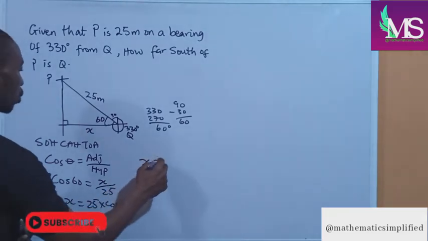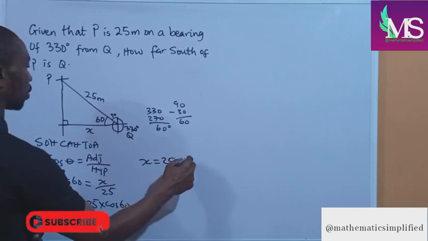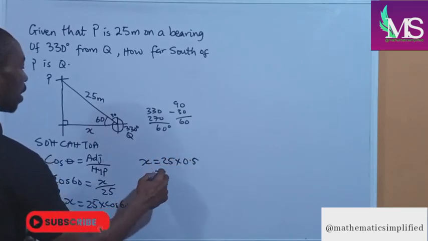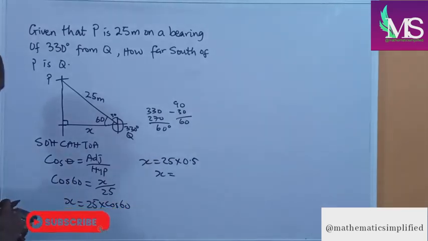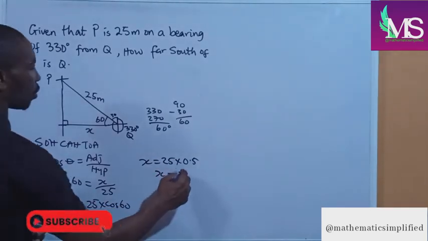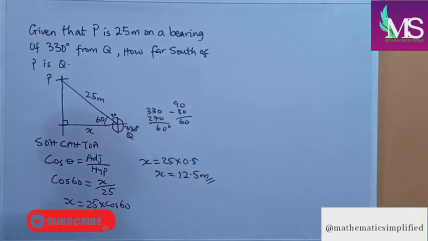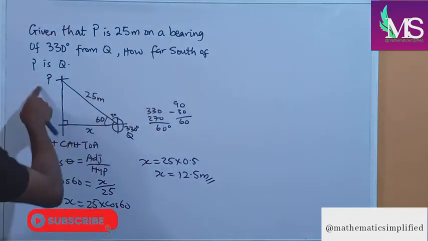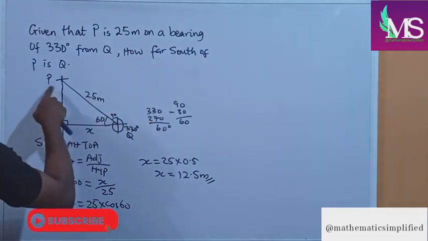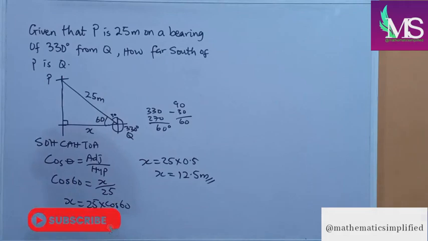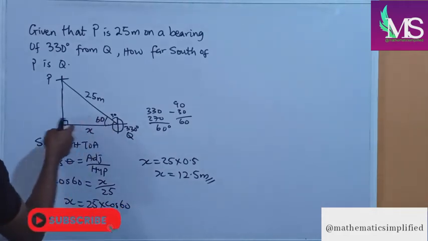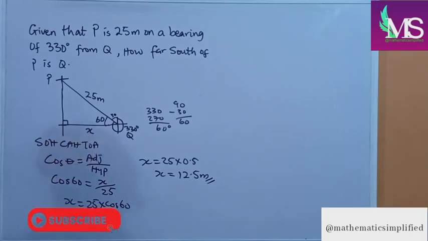So x equals 25 times 0.5. So x equals 12.5 meters. So how far south of P is Q. So this is 12.5 meters from Q.